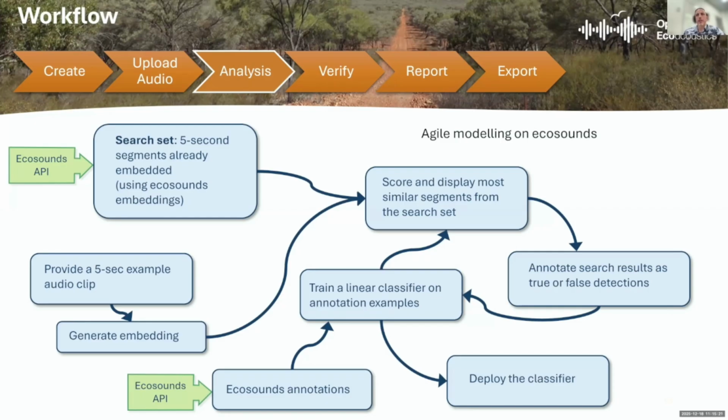And then there's this search through the embeddings phase, so it can compare embeddings of your labeled example with all of your unlabeled examples and give you the most similar results. You can then look through those, verify them as true or false of your target species, and then you'll have a labeled set to train a linear classifier.